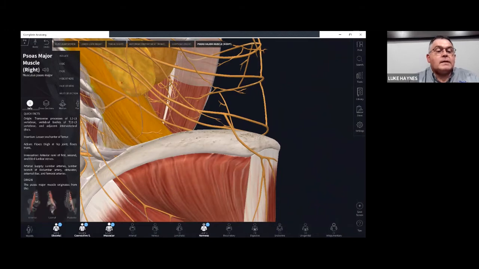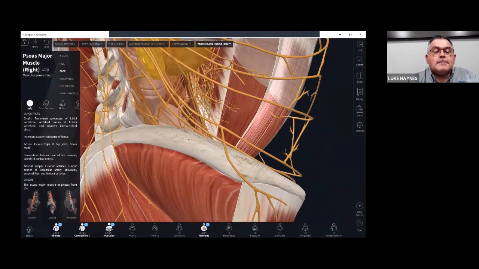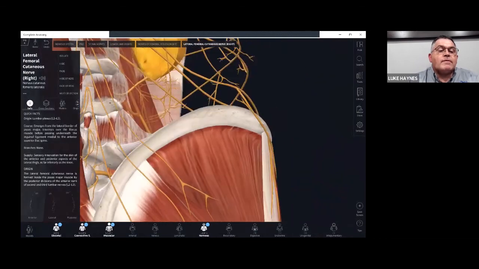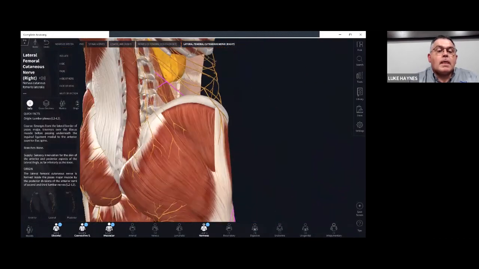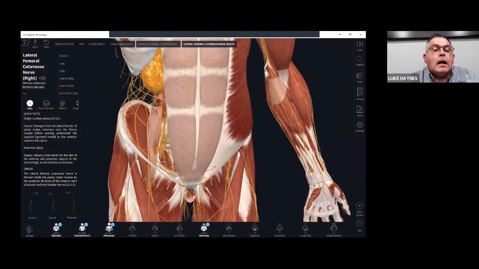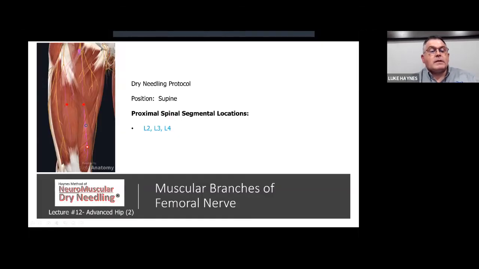And I'm going to fade psoas and then highlight, if I can get it, the femoral nerve. So a lot of potential areas for compression on that nerve. Okay. Again, we could also hit L2, L3, L4.